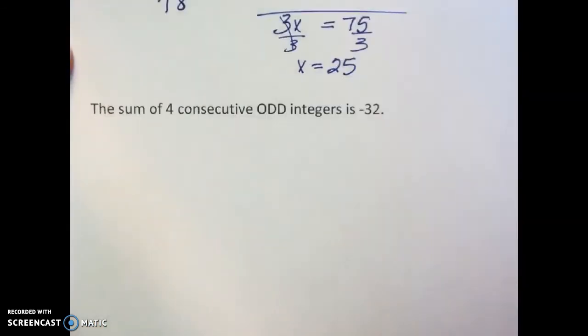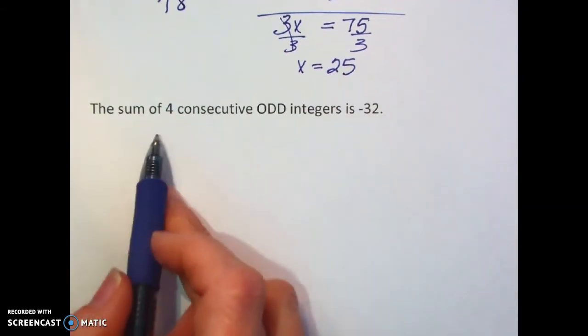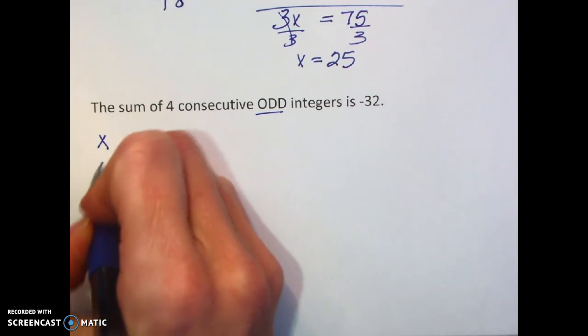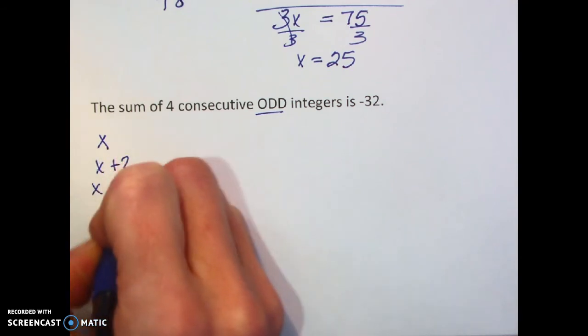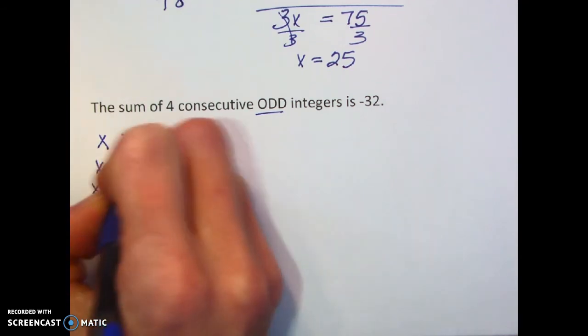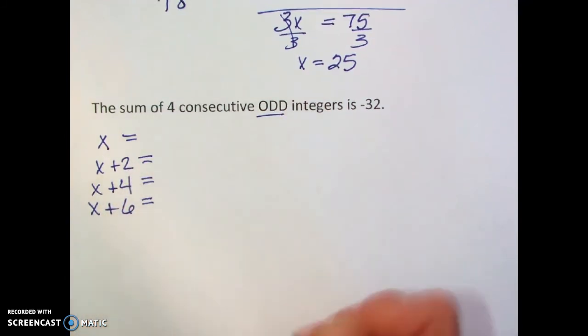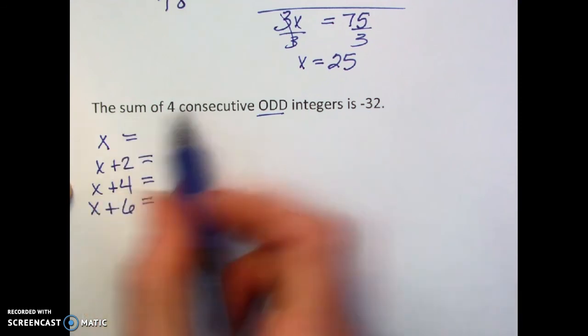Now we're going to try one that has some odd integers. The sum of 4 consecutive odd integers. So this will be our x, x plus 2, x plus 4, x plus 6 setup because we're looking at odd numbers. We're skipping a number every time. We want the sum of these.